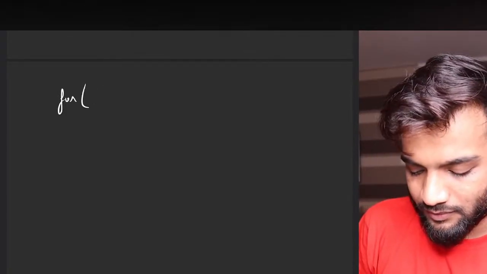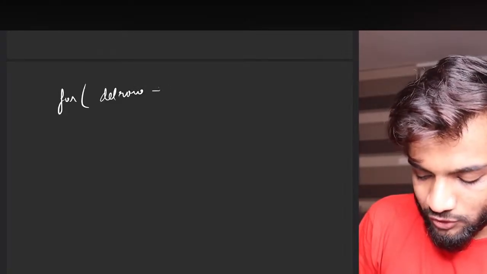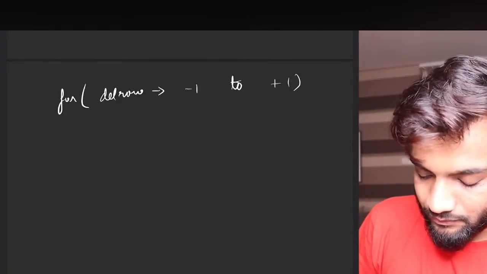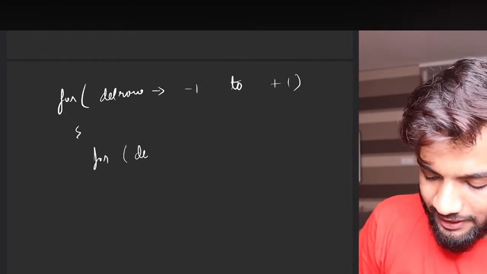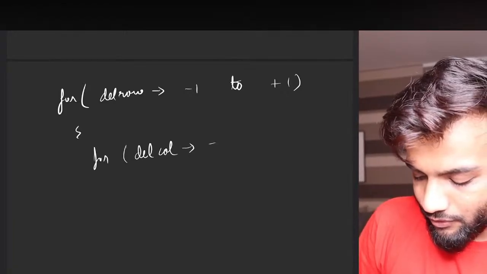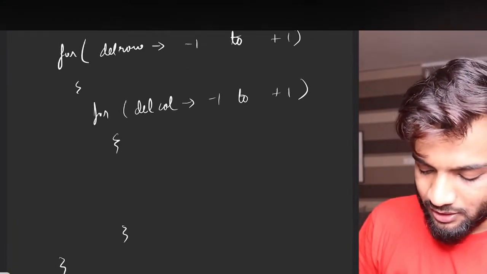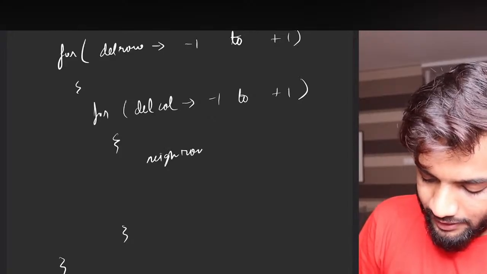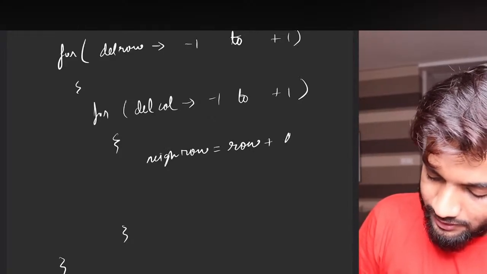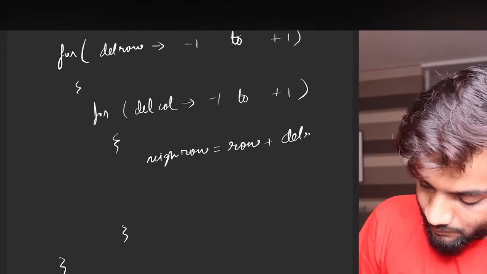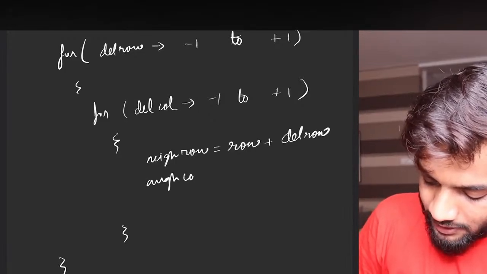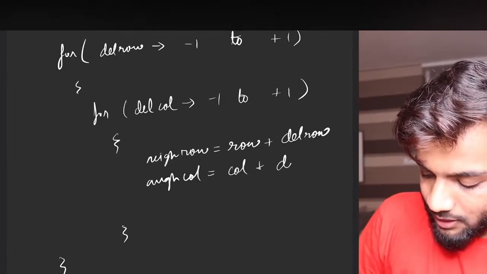Delta row goes from minus 1 to plus 1, and similarly, you can call delta column from minus 1 to plus 1. And for the neighbors, you can say the neighbor row is row plus delta row, and the neighbor column is column plus delta column.